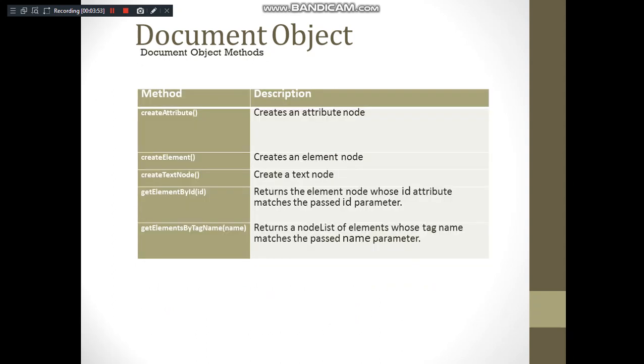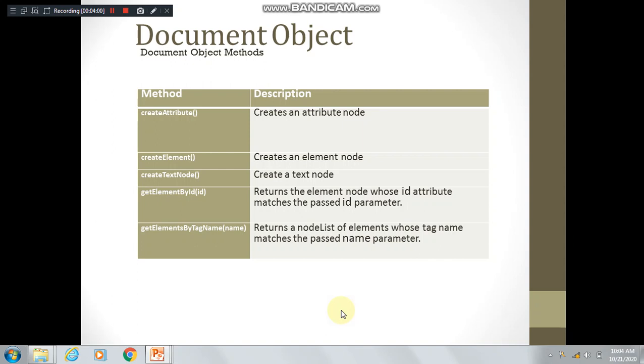Apart from this, it also gives you a provision to make use of a set of built-in methods like createAttribute, where through JavaScript you can create an attribute node. You can create a new element, dynamically creating an HTML element through JavaScript to add to an already existing HTML element. You can create a text node.